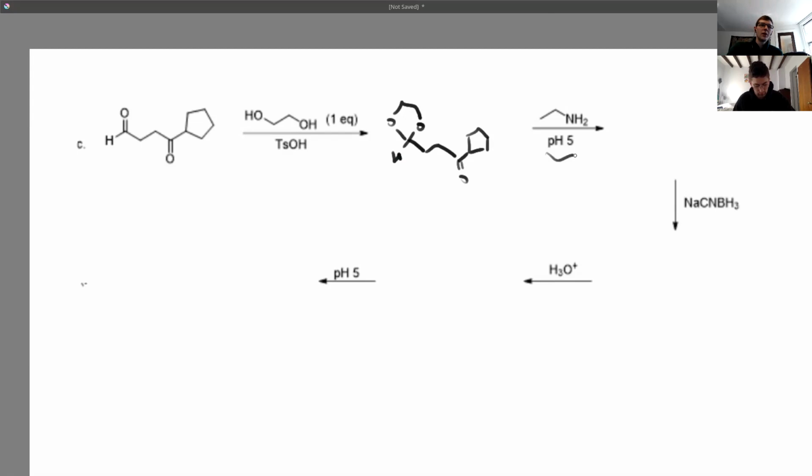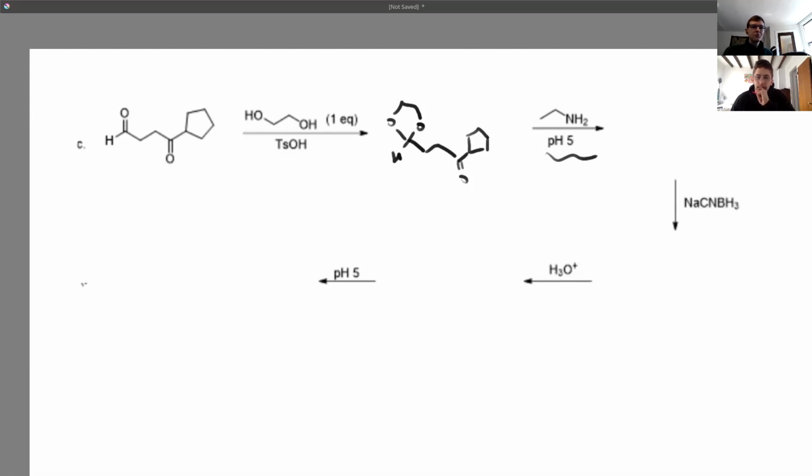And now, what is this step? Would we call this dilute acid conditions, or what would you call that? Because it's slightly more acidic than regular, right? It's acidic.